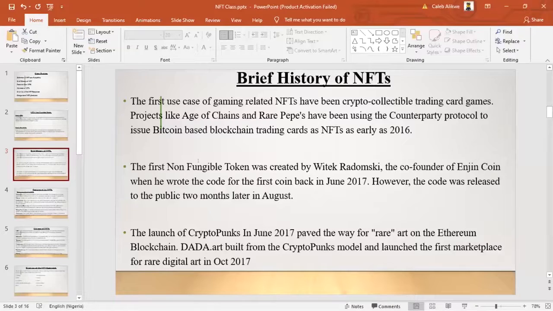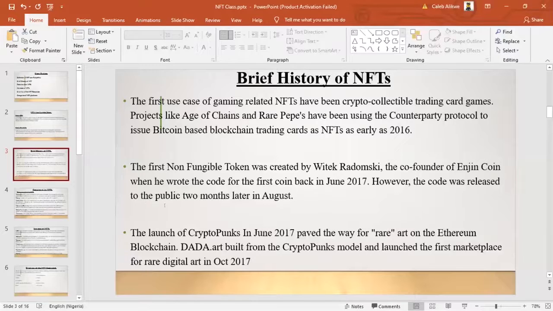Projects like Age of Chains and Rare have been using the Counterparty protocol to issue Bitcoin-based blockchain trading cards as early as 2016. So in 2016, we had the Counterparty protocol bring about Rare and Age of Chains, which were NFTs built on Bitcoin, but they were not so popular, so most people do not really know about them. They are still available now, but you need to do a lot of research to find them.